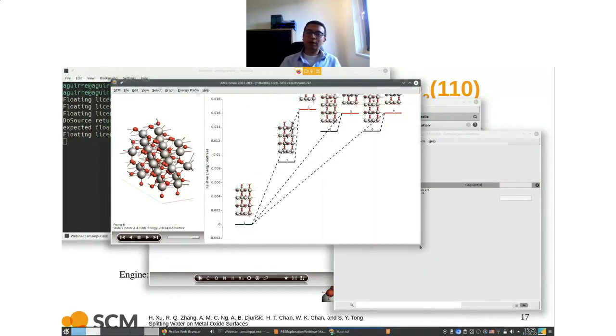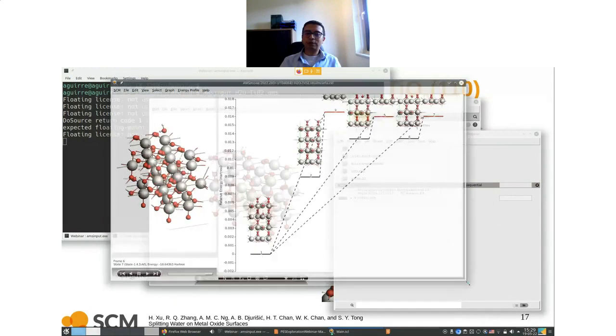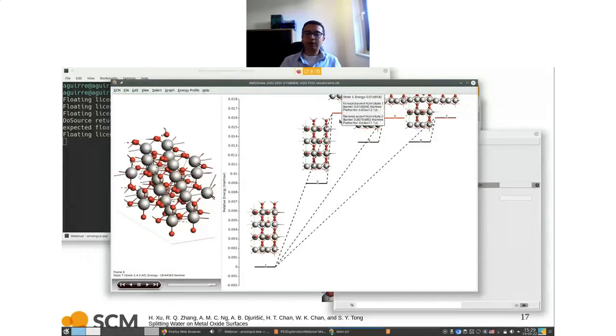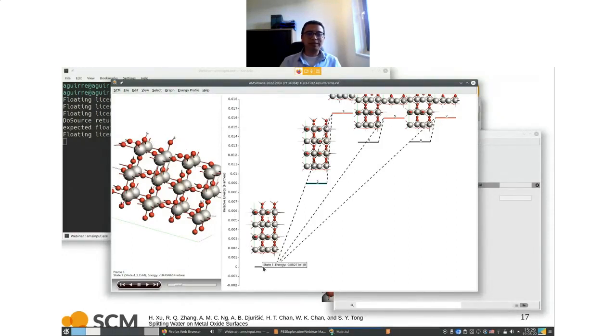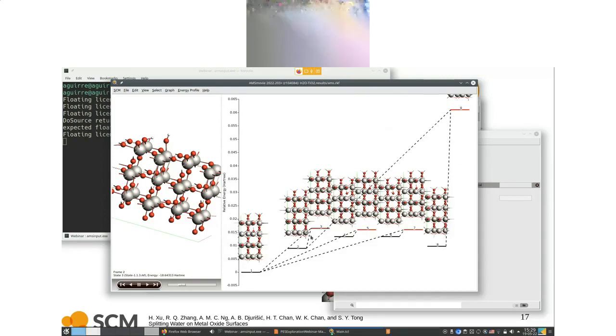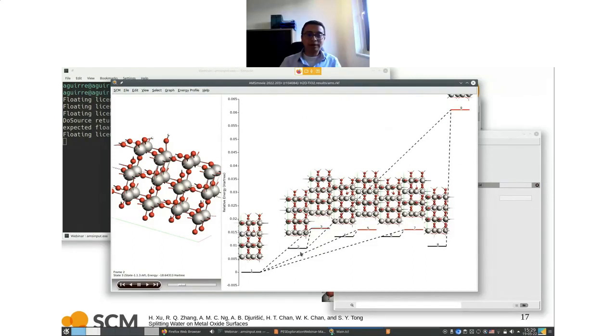So in principle now, here, the explorers just found 3 different transition states. This one, here we are lucky. This one is the splitting of the water. You see, it went from the full water here, passing through this transition state, and then the water now is split.